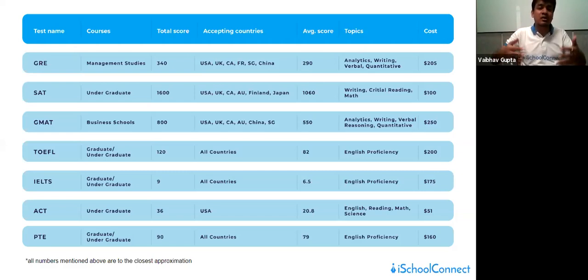They will be able to understand the classrooms, what the professors are speaking, because the mode of delivery will be English. So it's a prerequisite. Yes, I understand it's a little flimsy on the grounds that most Indians have their medium of education in English, but you still have to take it because it's mandatory.